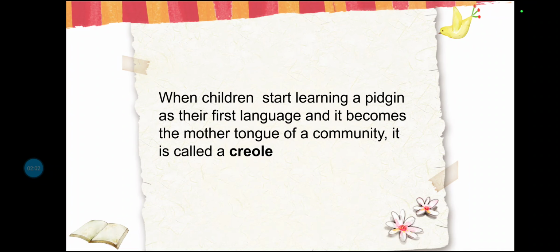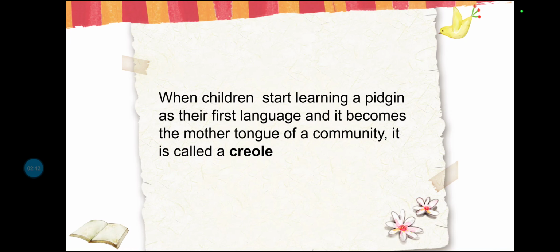This time, if there is already development of the Pidgin, that language which was formed just out of situations, and it already has a standard and is established in the community, then that is called a Creole. So that's Creole. It's already stable.